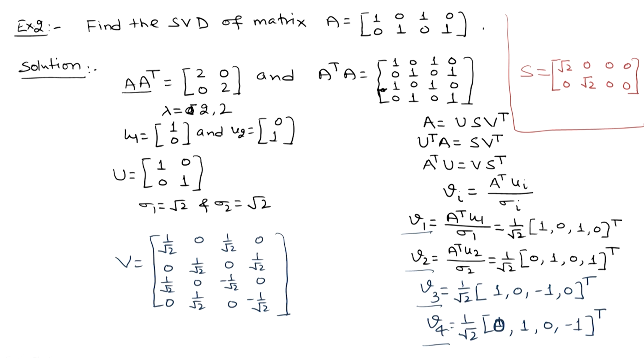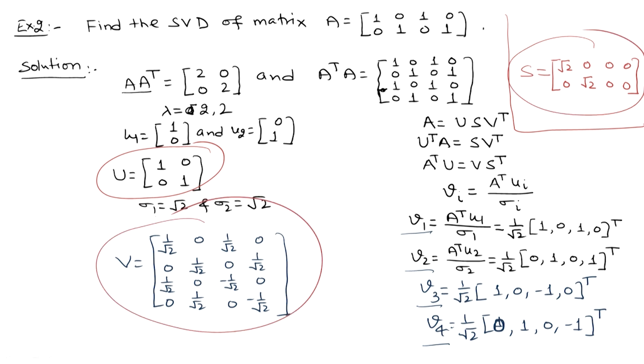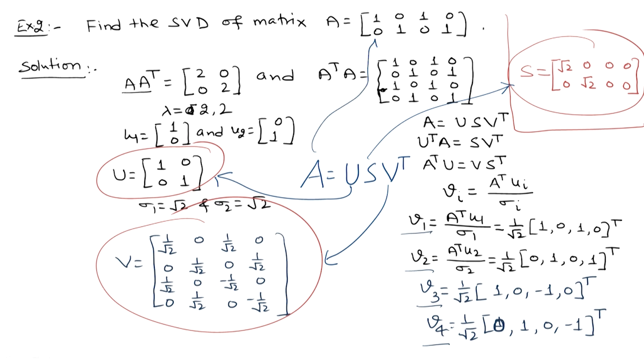So, here I have my U, S and V, and matrix A will be equal to U S V transpose, where U is this one, S is this one, and V transpose can be obtained from this V, and A is this one.